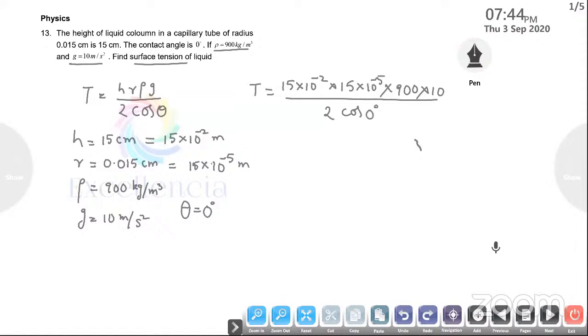Solving this, we will approximately get 0.01 Newton per meter.